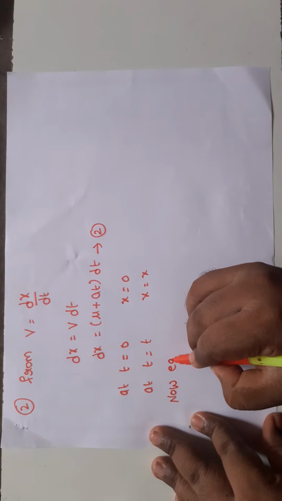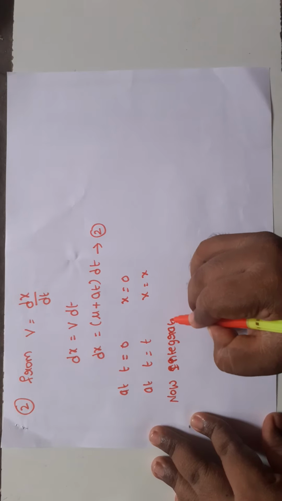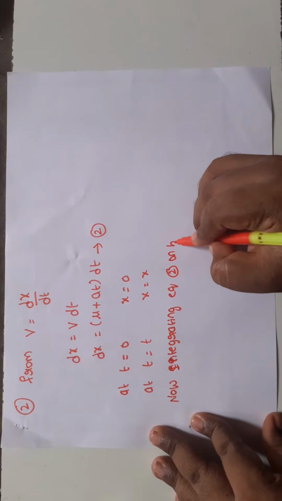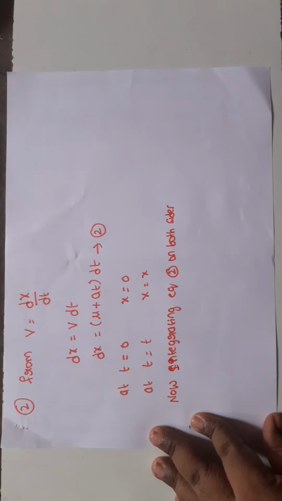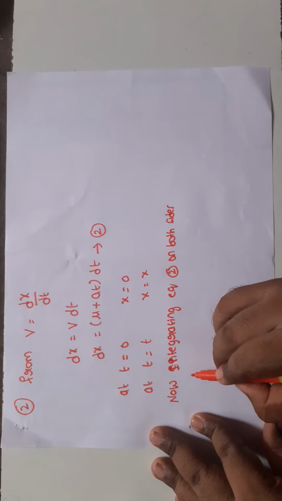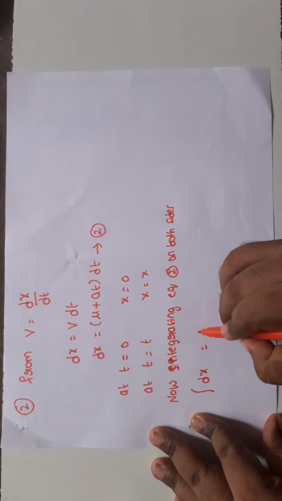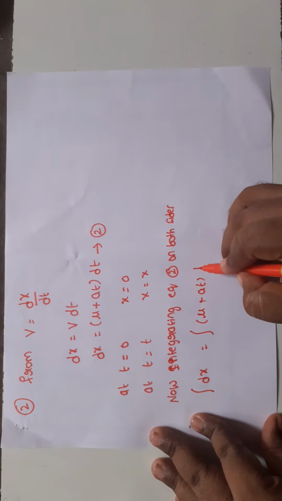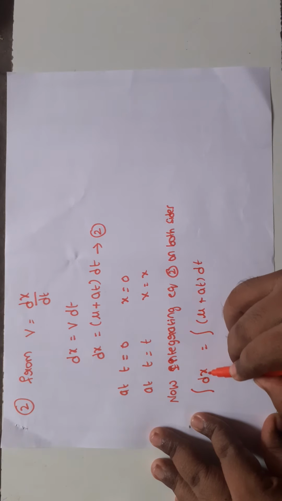Now integrating equation 2 on both sides. Integral of dx equal to integral of u plus at into dt. Here dx means change in displacement.